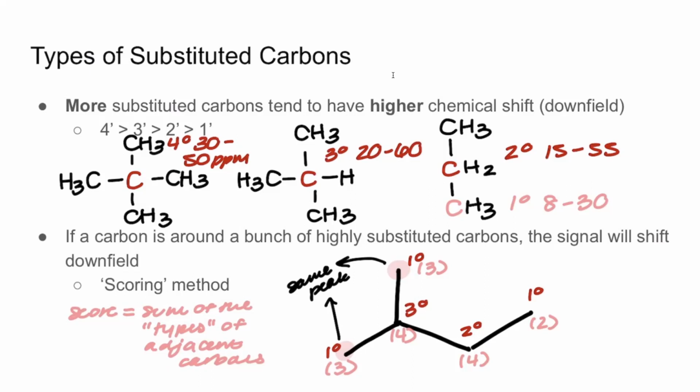So if, for example, we said these 2 carbons, these primaries with the score of 3, I'm going to label them A. That signal would have a slightly higher chemical shift than this primary carbon with the score of 2. Let me label that B. So A will be a little bit higher than B. And I will show you what that looks like in an example, Sam.